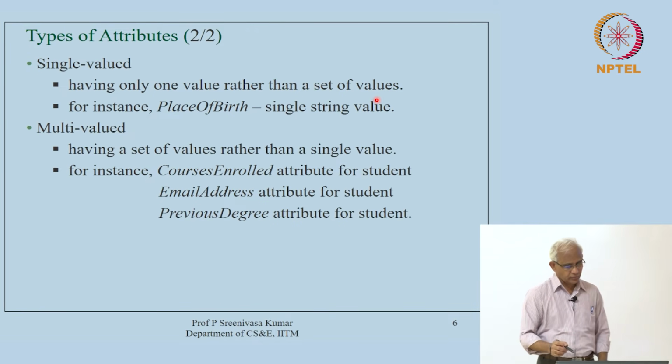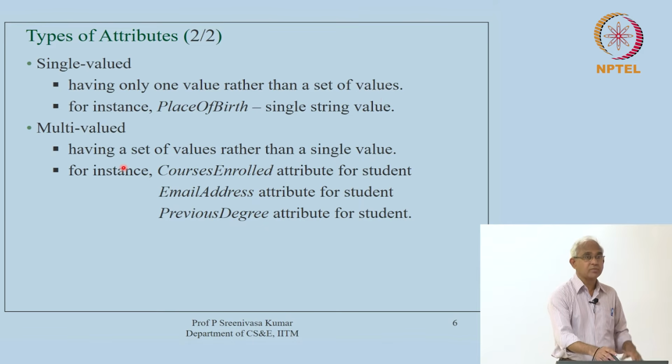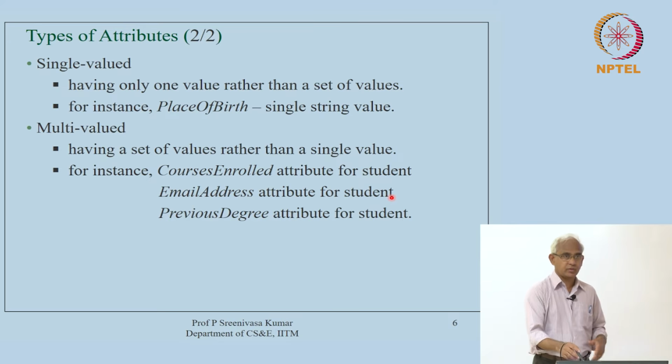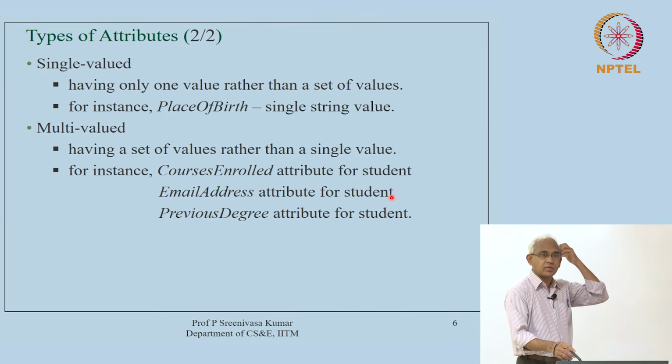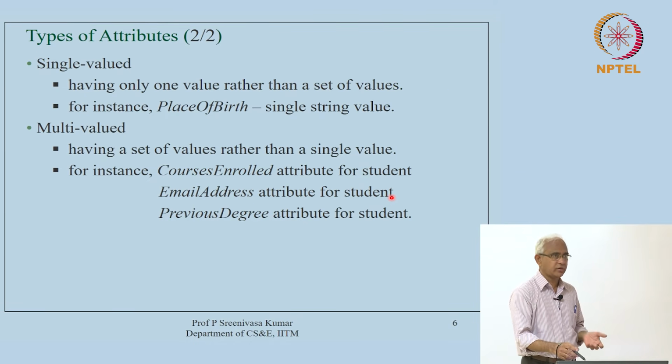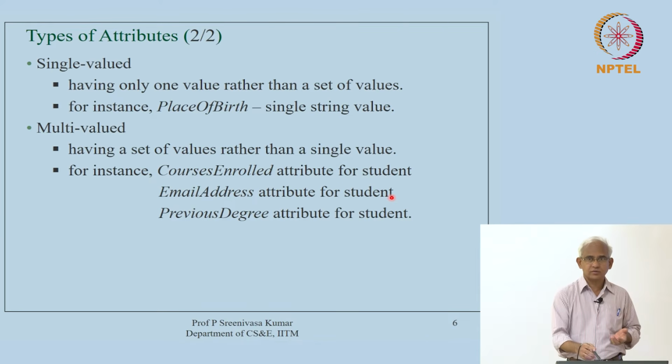Whereas there are some attributes which are naturally multivalued. That means, they have a set of values associated with them, but not a single value. For example, the email address attribute of a person typically has multiple values, because you have an institutional email, you have a personal email address, and maybe some other email address. You have multiple email addresses. The previous degree attribute for a student typically has more values.